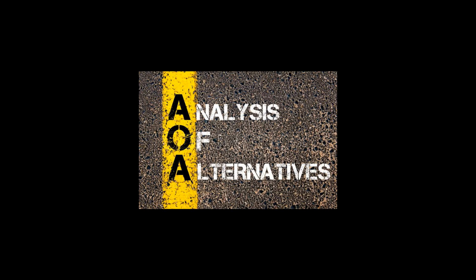An AoA begins by establishing and modifying key performance parameters, KPPs, metrics for each alternative. These metrics help compare the operational effectiveness, suitability, and life cycle costs of alternatives to satisfy the military need.